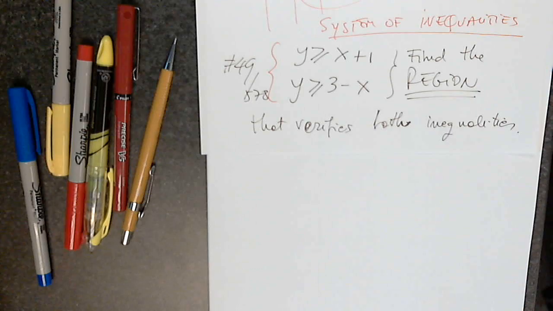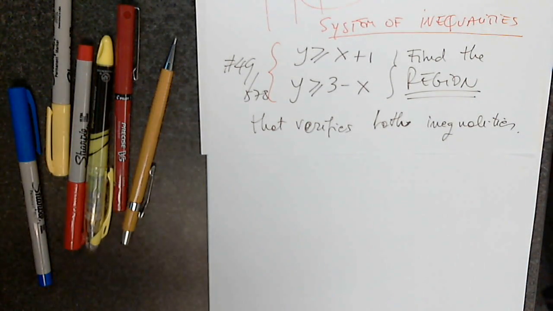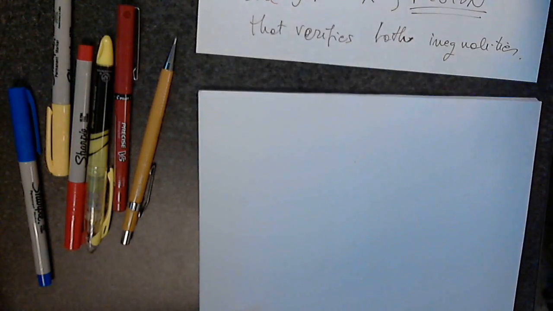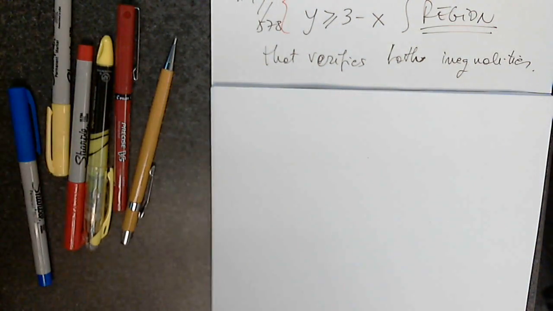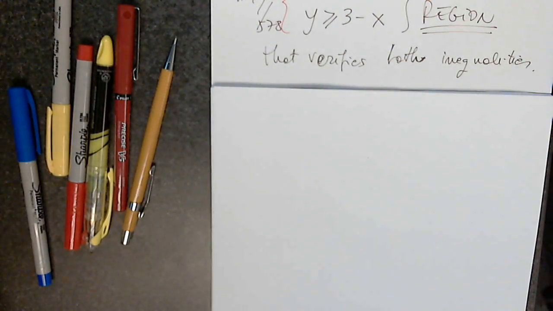So I need now to find the region that verifies both inequalities at the same time, of course. I have to go through the following steps. The first inequality, step 1, 2, 3. The second inequality, step 1, 2, 3. And then intersect the areas or the regions.